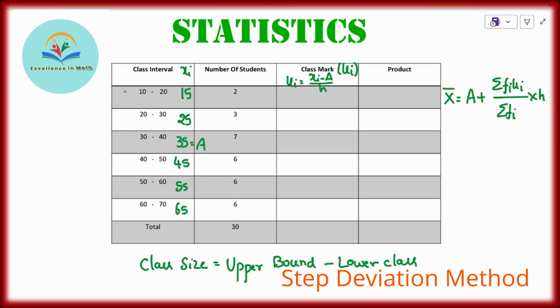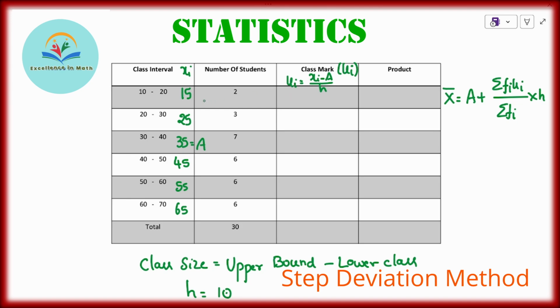Can you please observe the class intervals and tell me what would be the h? H is equal to 10 because the difference between the upper bounds and the lower bounds of these class intervals is 10.